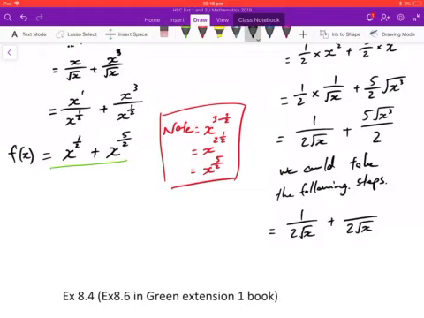What happens when I multiply x to the power of 3 on 2 by x to the power of a half? 3 on 2 plus a half is 4 on 2, so it becomes x squared. So 5x squared. So this is 1 plus 5x squared on 2 root x. Is that helpful? Maybe. It's sort of much of a muchness, but the first result that we had is perfectly okay to stop at.